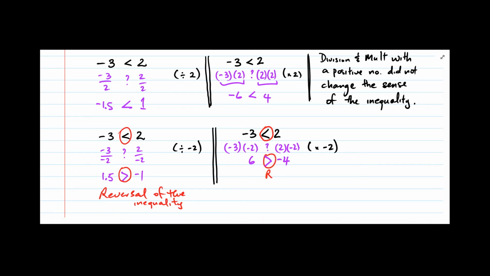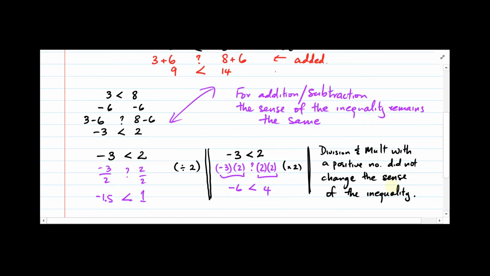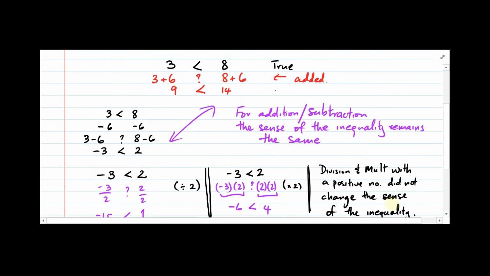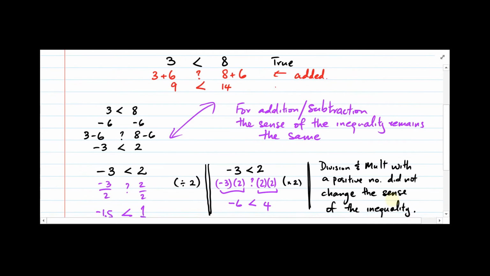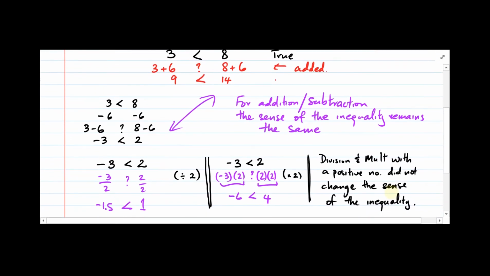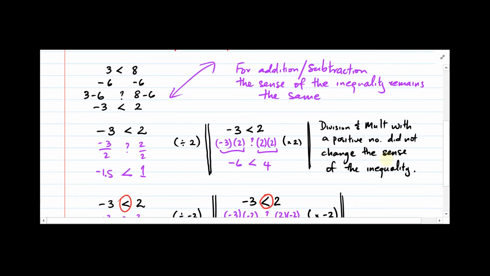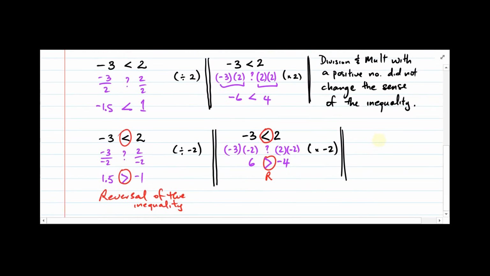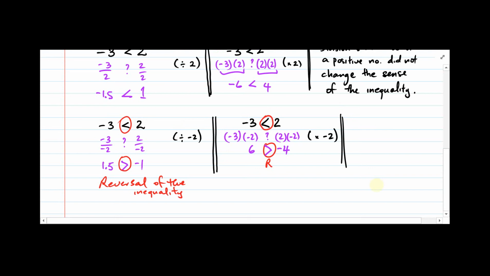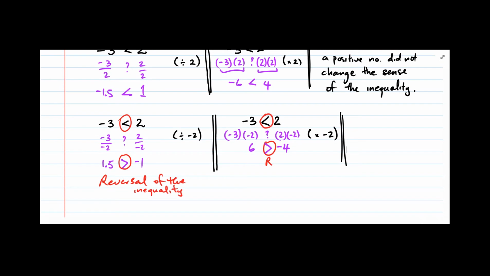Right? So if we look back at all the things that we've done, when we did addition and subtraction, there was no change. The sense of the inequality remained. That is, if it was a less than symbol, it remained a less than symbol, right? On the other hand, the only place that we got any reversal or changes was when we had multiplication and division using a negative number.